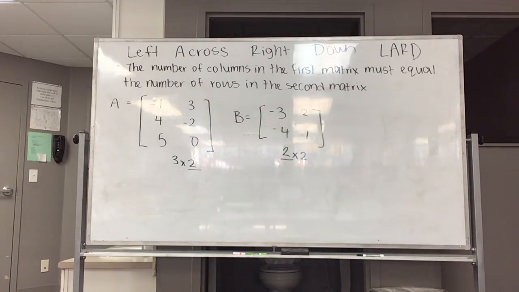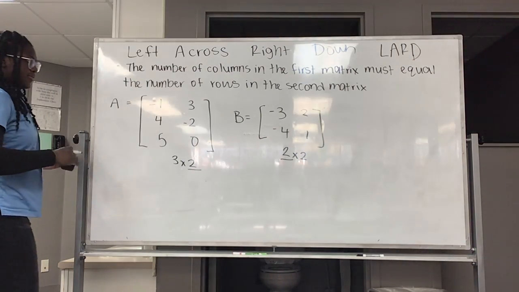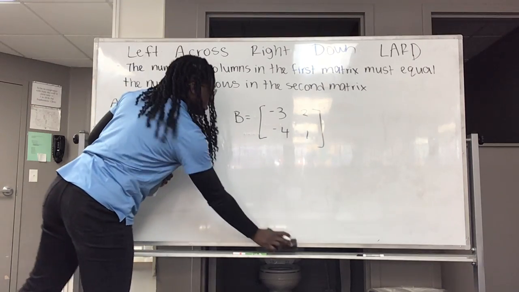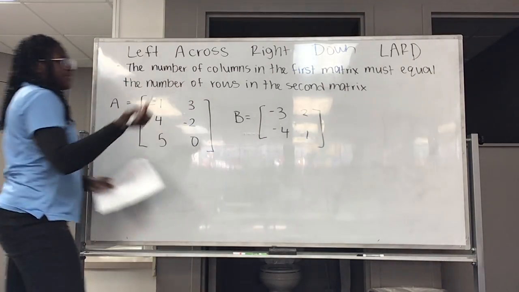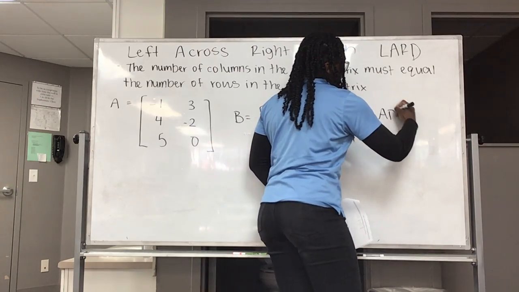So that tells us that we can multiply those two together. Okay, so I'll erase that, and then we are actually going to multiply them. We're going to find AB, so A would come first.